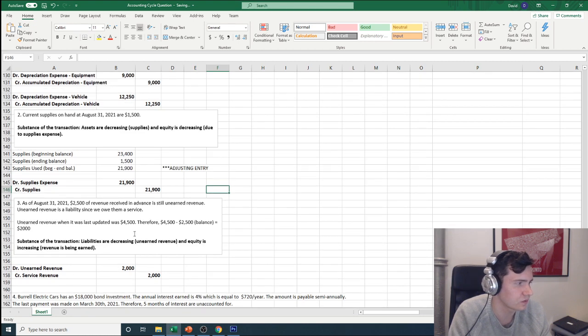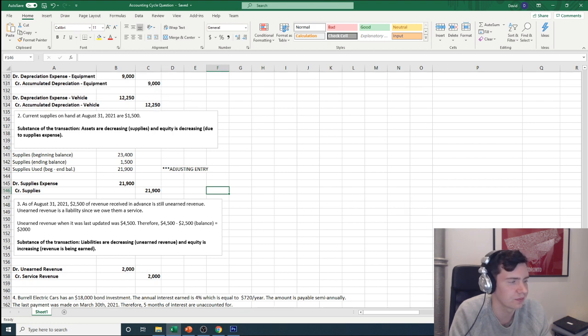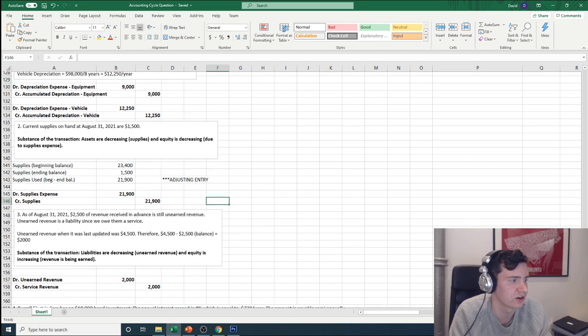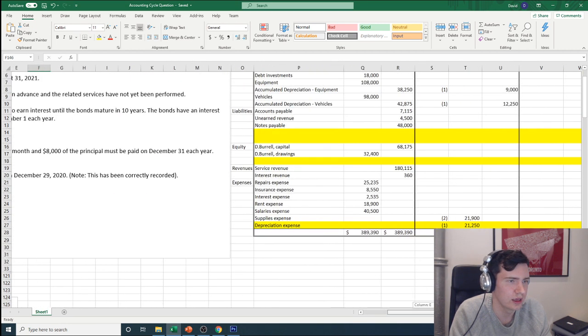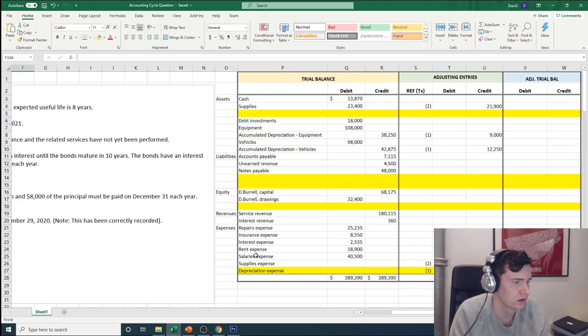Next one, we're looking at unearned revenue that is being earned. So this is the third one, and that's going to be earning $2,000 of unearned revenue. So let's go up here and find unearned revenue. Do we have an unearned revenue account? Yes, we do. Okay. So this is the third adjusting transaction.